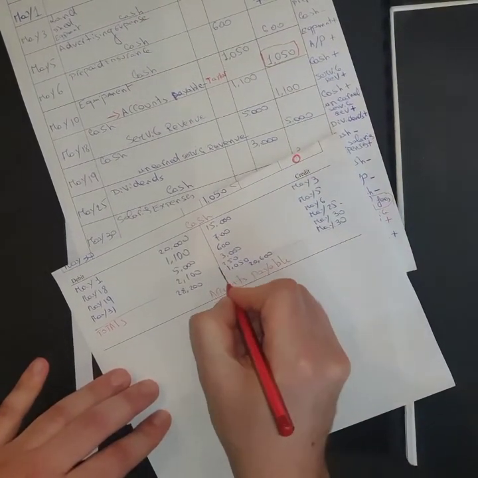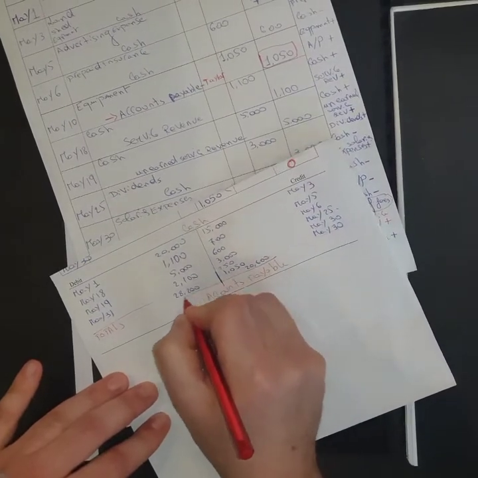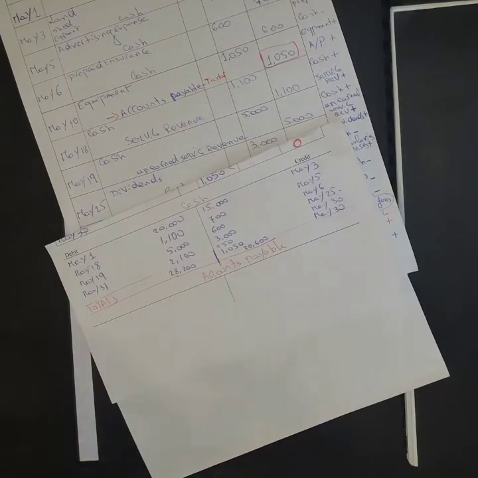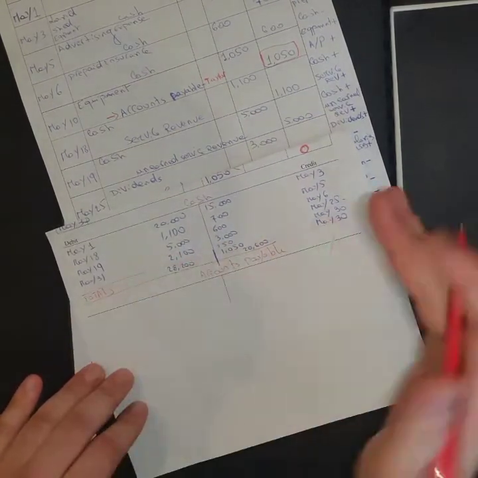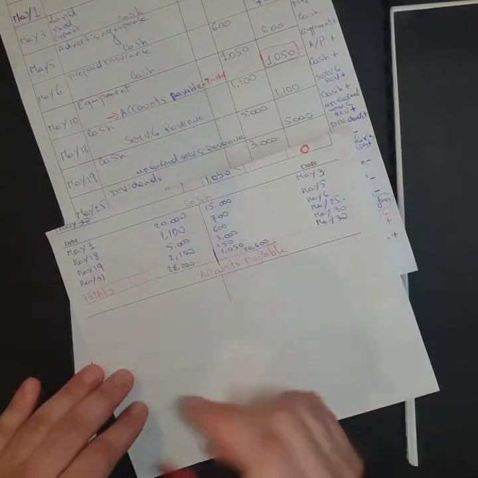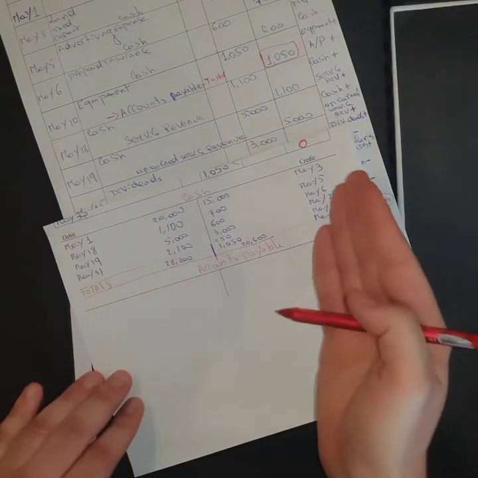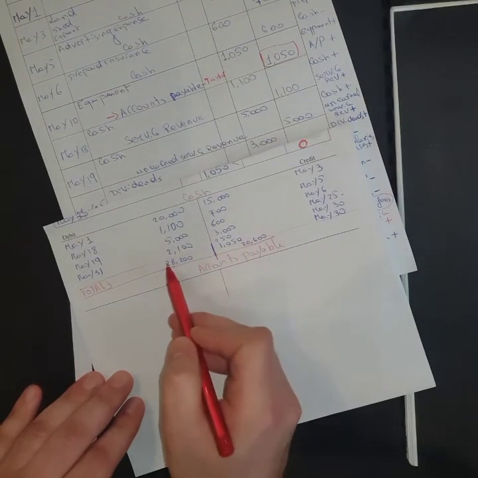Now we have to find the balance. When the debit side is greater than the credit side, we have a debit balance.